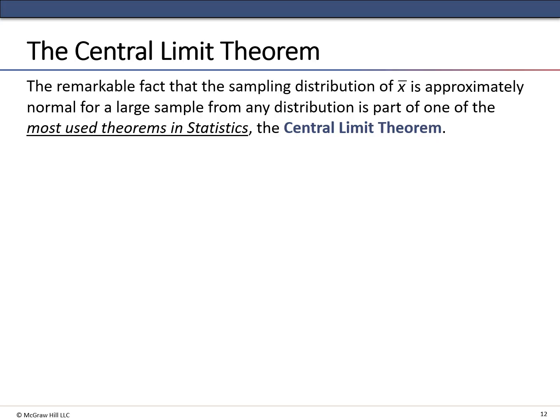This remarkable fact that the sampling distribution of x bar is approximately normal for a large sample from any distribution is one of the most used theorems in statistics, and this is called the central limit theorem. As soon as we can get data into a normal curve, remember then we can use the z-scores and the normal curve rules about how much data is within 1, 2, and 3 standard deviations.